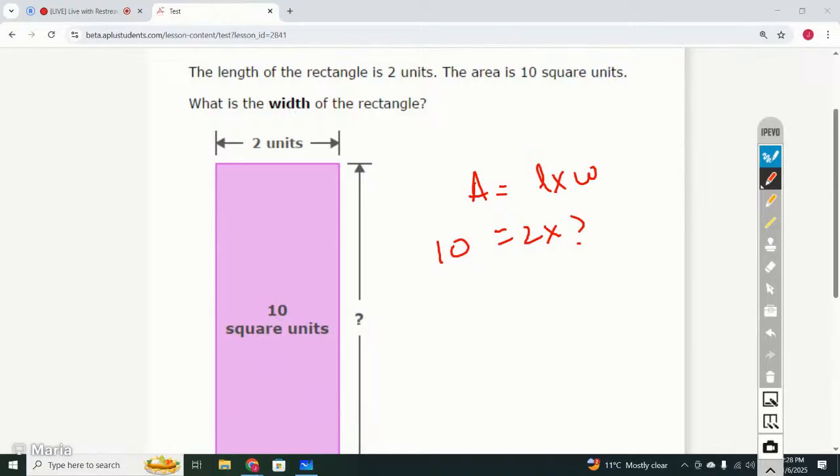2 times what number is 10? Very good. 2 times 5 is 10. So that means the width is 5 units. The correct option is 5.